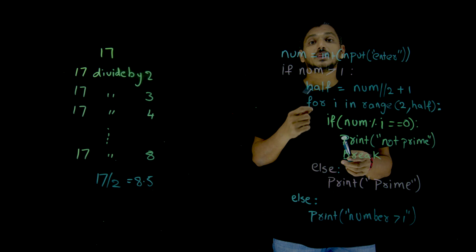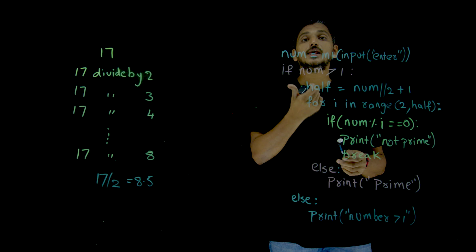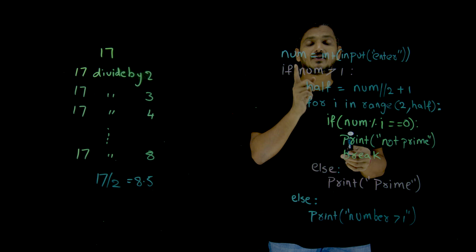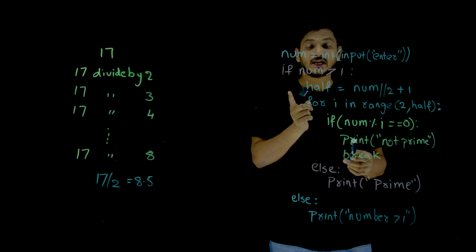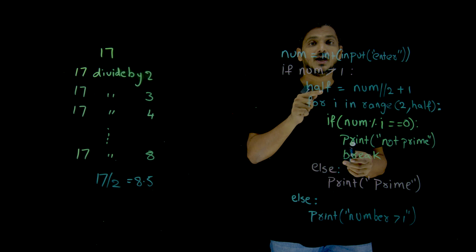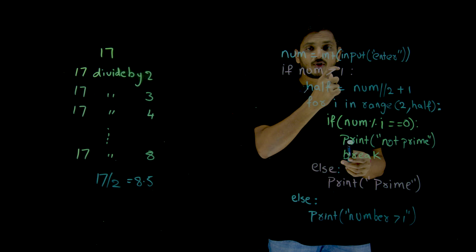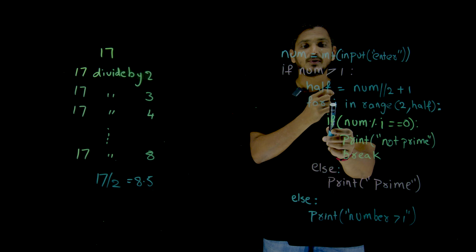You need to check whether the number is divisible by i or not. Why i? Is 17 divisible by 2 or not, by 3 or not, by 4 or not? That value is placed in the variable i.